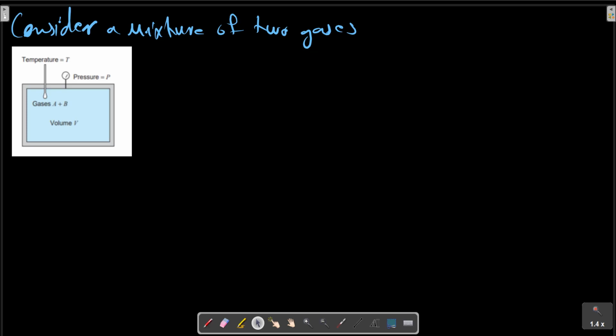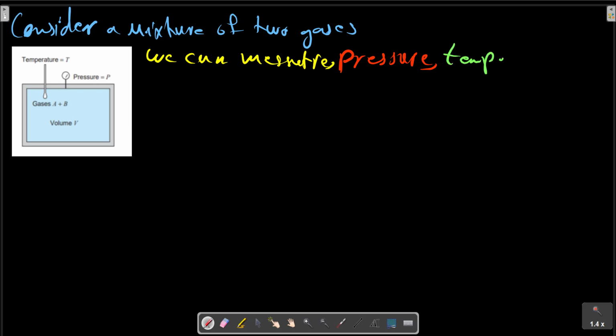Certainly we can measure pressure, temperature, volume and mass of the mixture.